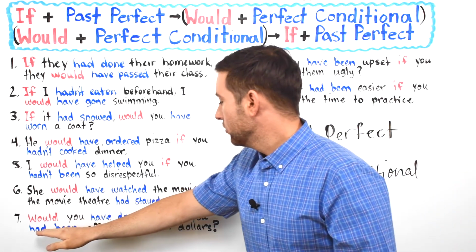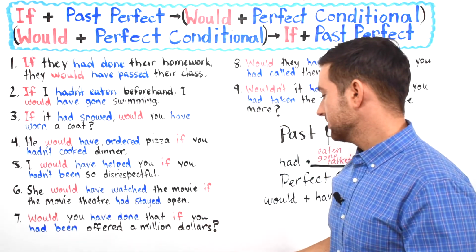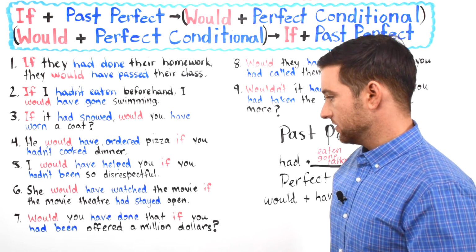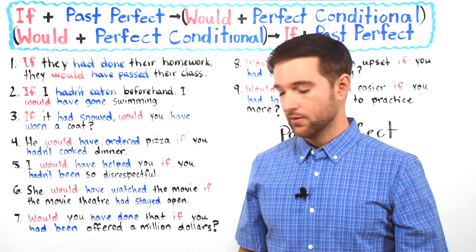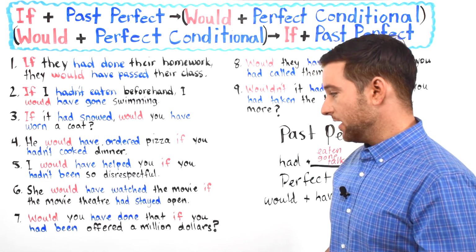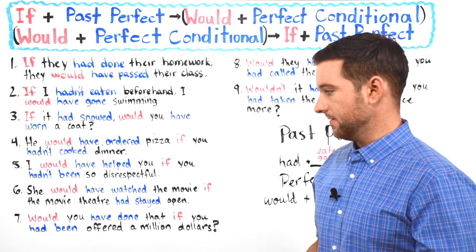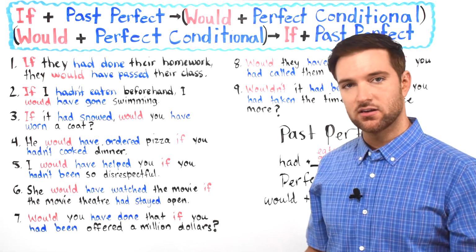Number 7, would you have done that if you had been offered $1 million? So this is a question. Somebody's asking a hypothetical question here. Maybe this is something you would see on that show Fear Factor, right?